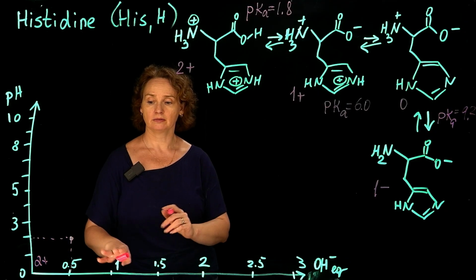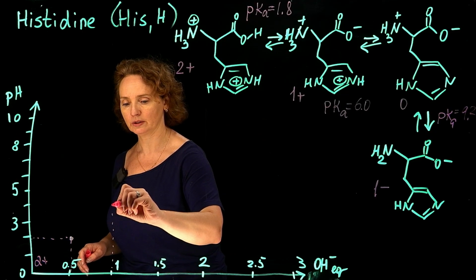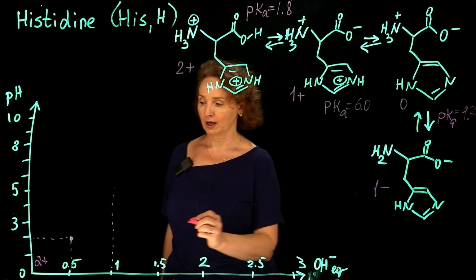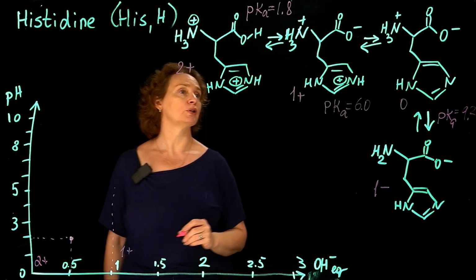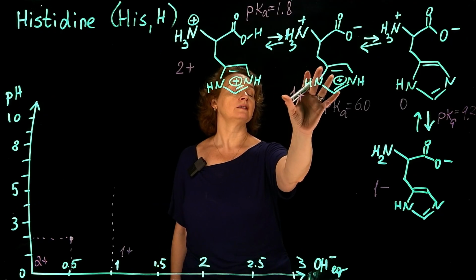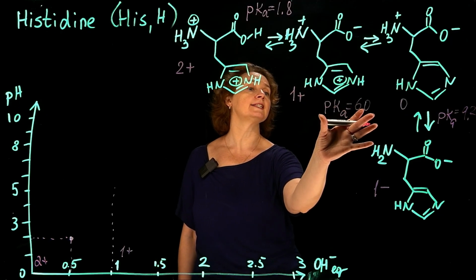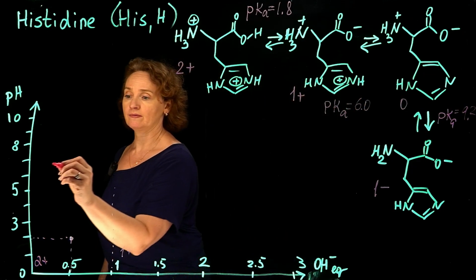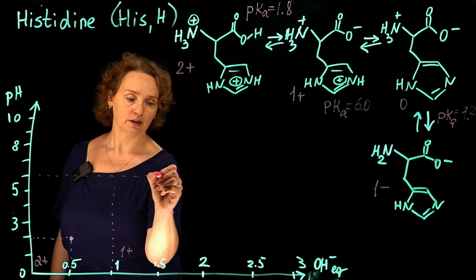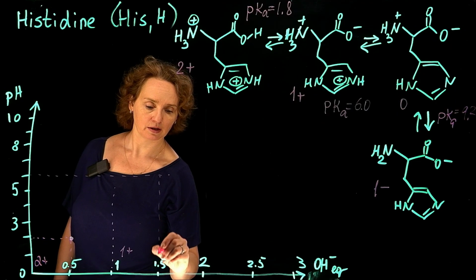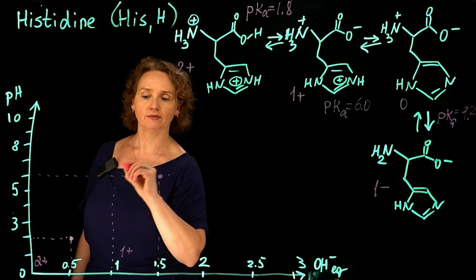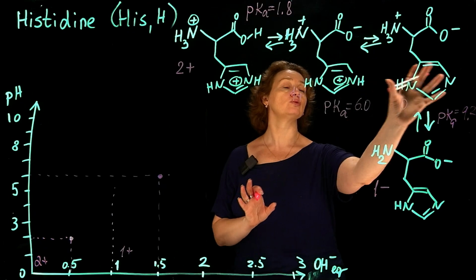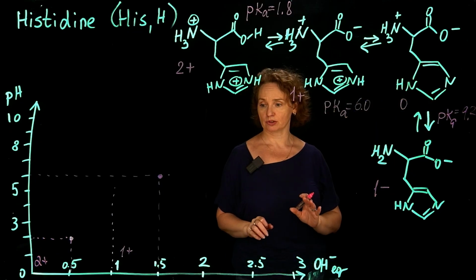After that, when we pass one equivalent, we have our 1+ form predominate, and that continues until our pH reaches the pKa of the side chain. This happens at 1.5 equivalents added. At that point, we have the 1+ form and the neutral form present at equal concentrations.